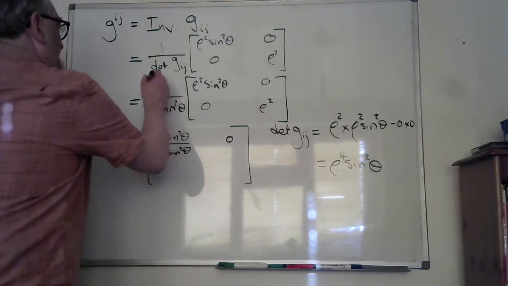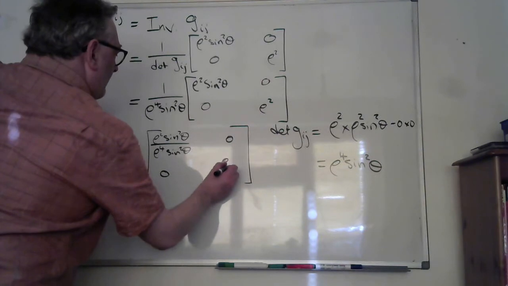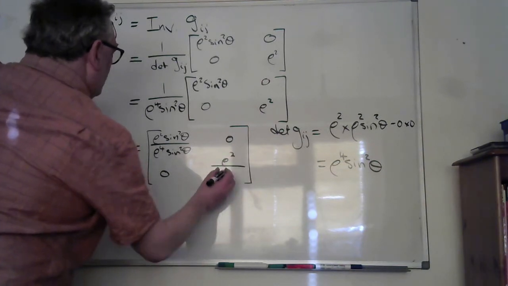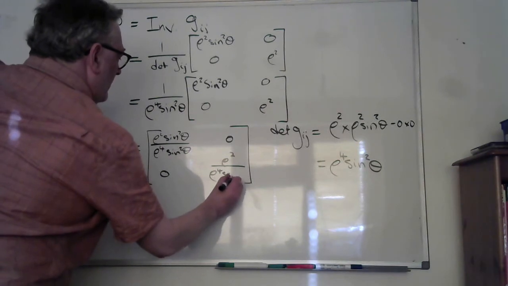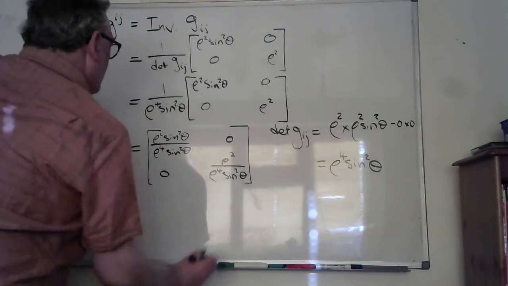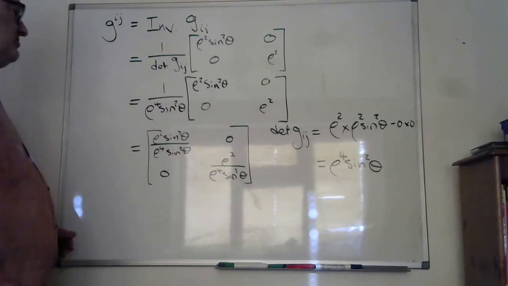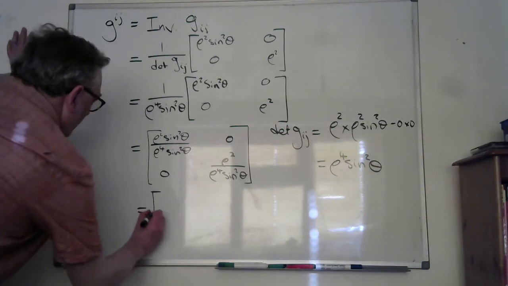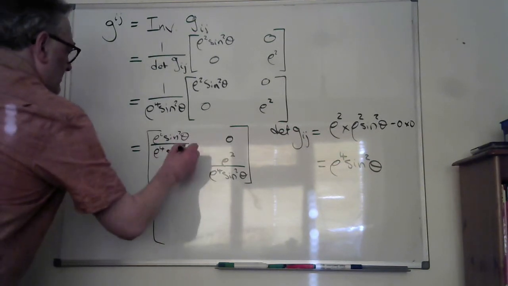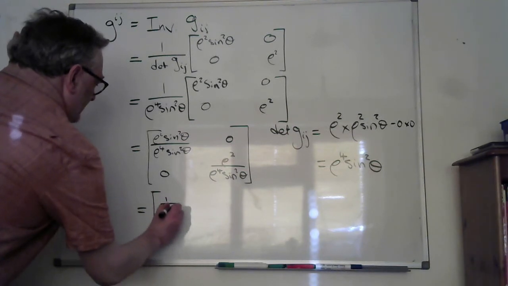And if you multiply all of that by 0, you just get 0. And there we get rho squared over rho to the 4 sine squared theta. So you see, I've multiplied all of that by each of these entries. This simplifies, we cancel everything out. That cancels to give 1 over rho squared.